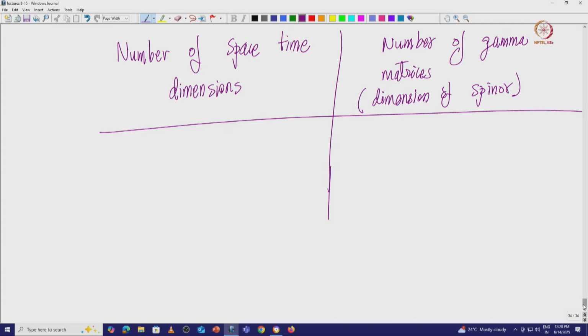Now, we started with the relativistic equation in 4 dimensions: E square is equal to px square plus py square plus pz square plus m square. The starting point is always this.